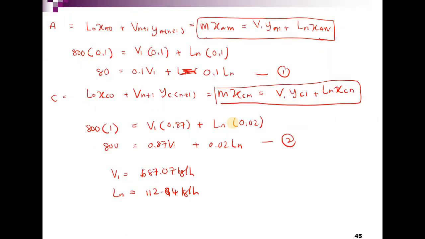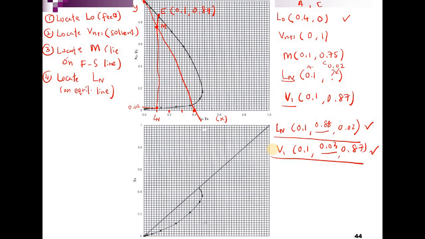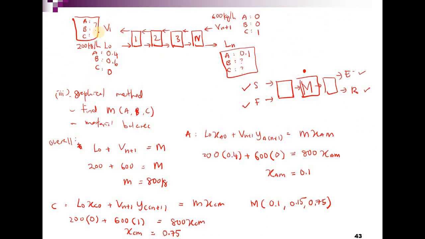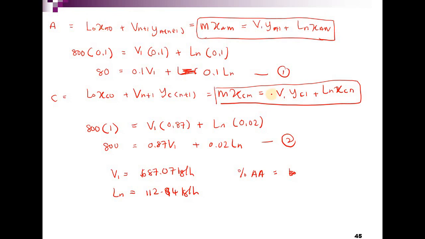This one you can calculate by using the percentage of acetic acid, equal to the extract, so V1 times YA1, divided by L0 XA0, times 100.